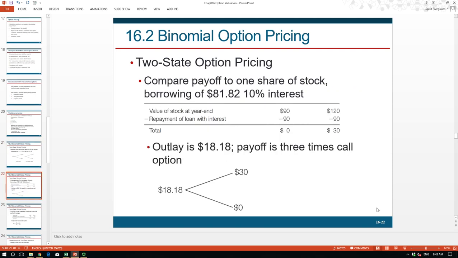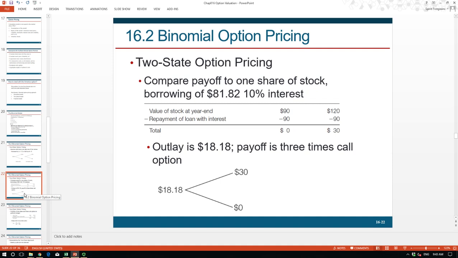And here, let's say we compare the payoff of holding one share of stock and borrowing money. When you buy stock, you spend money, but here, let's say you borrow a certain amount of money, which is the loan that you take from the market by paying the risk-free rate, and let's say 10% is the risk-free rate.